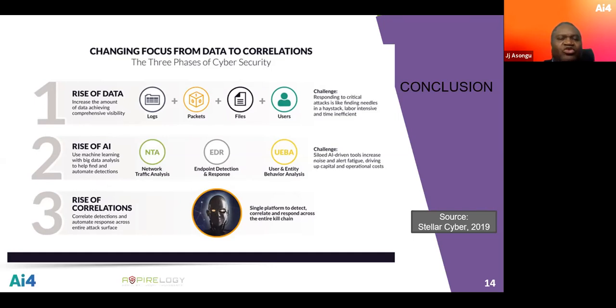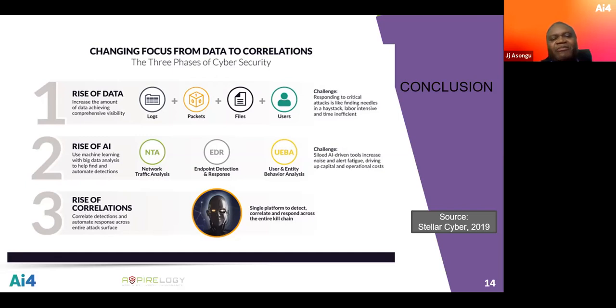So for example, they have to look at logs, packets, files, and they are dealing with multiple users. Every day the data keeps on increasing, and it's difficult to manage or interpret this data if you are using manual processes. So to help improve the system, there has been a move recently from just doing manual activities to automating these activities.